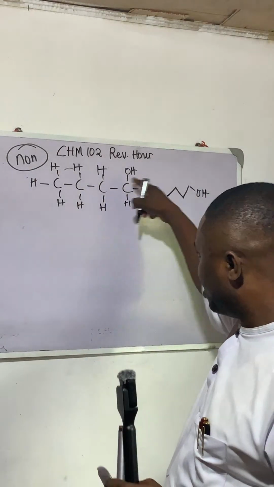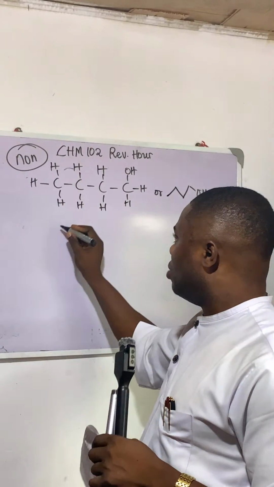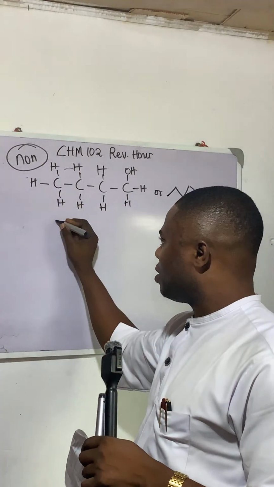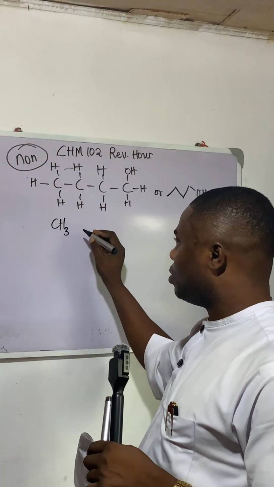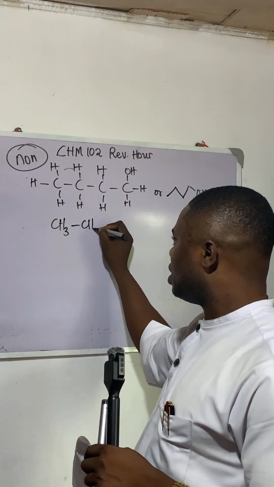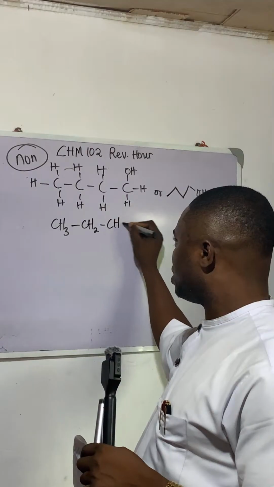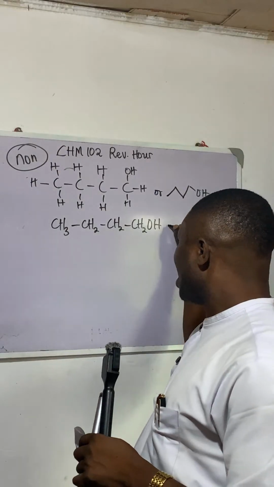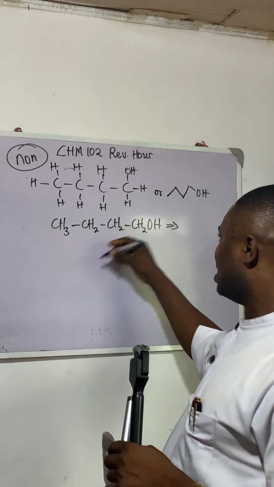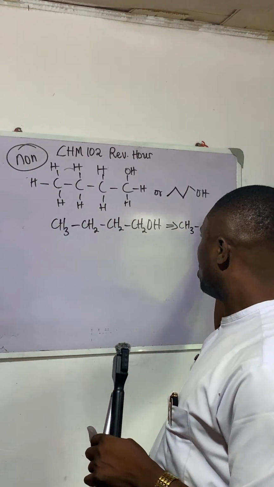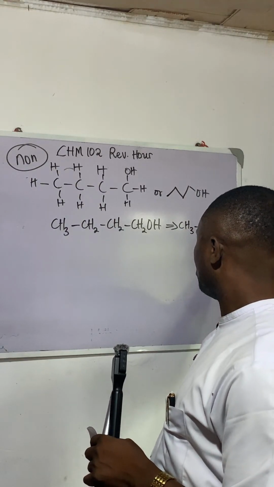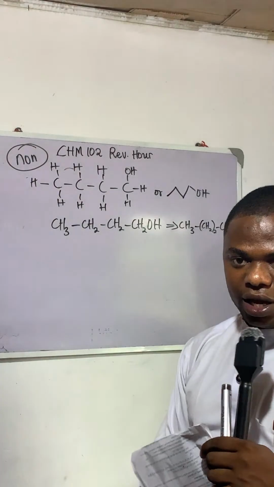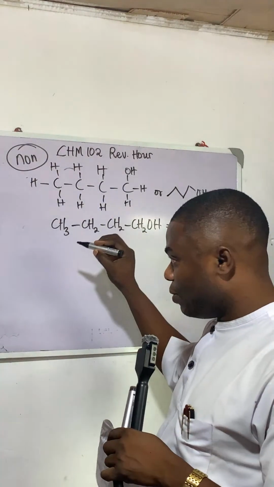This is still butanol. Now, I want to condense it. This carbon I will squeeze, becomes CH3. I'm coming to your question. This one becomes CH2, and this one becomes CH2, and this one becomes CH2OH, which I can still further condense, knowing that what we have within are the same. It becomes CH3 into CH2 of 2, then CH2OH. Are you seeing it now? So this is the condensed formula of butanol.